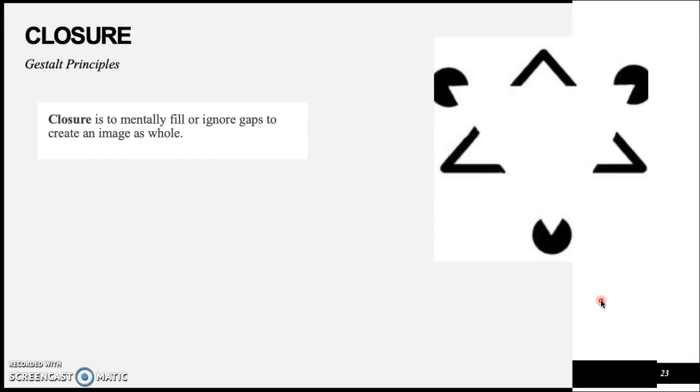Closure. Closure is to mentally fill or ignore gaps to create an image as a whole. So for example, in this image, you see these are circles. We're closing this gap here. You see this is a whole triangle. You're closing the gap that's here. Or you may see a triangle along here. In actual fact, nothing exists at all.